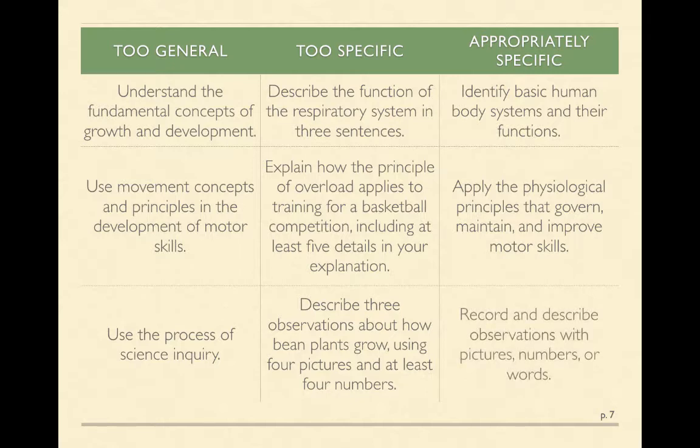So an appropriately specific objective here would be record and describe observations with pictures, numbers, or words. See, what you're after is the skill of being able to record observations and then describe them appropriately. Again, this is something that's transferable, not only to bean plants, but to all kinds of scientific observations.